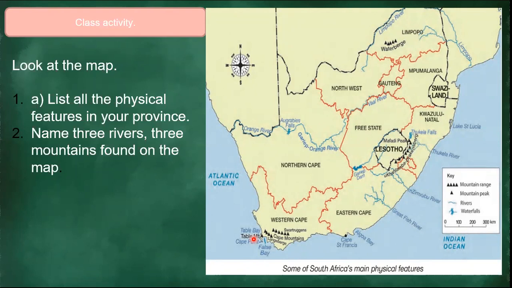And then the third one that I wanted to choose, ma'am, is the Langeberg in the Western Cape, the mountain range. And then the rivers, ma'am, is the Great Fish River, ma'am. And then there's Plettenberg Bay in the Western Cape, ma'am. And then there's the Orange River, ma'am, nearby the Northern Cape, ma'am. And that's all, ma'am. You should check the waterfalls as well and come back to me. Okay, ma'am. Thank you.